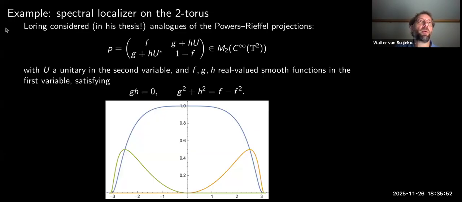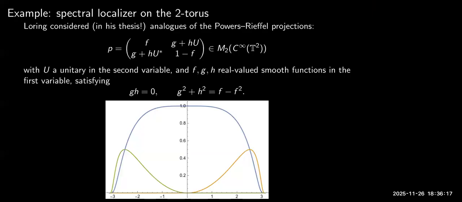Terry Loring in his thesis showed that you can also do this on the torus, but of course you need to go to 2 by 2 matrices, because you will not be able to find projections in the torus itself, because it's a function algebra. So what you do is you take functions f, g, and h. They are depicted here.